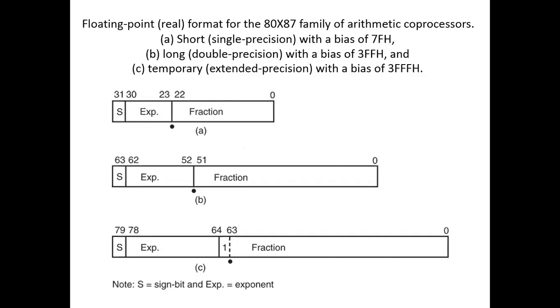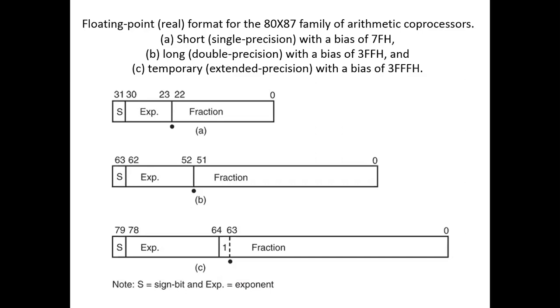B represents the double precision, which is 64 bits, and again it has three parts. The first 52 bits represent the fraction, bits 52 to 62 represent the exponent, and the 63rd bit represents the sign bit. In extended precision, it is represented in 80 bits.